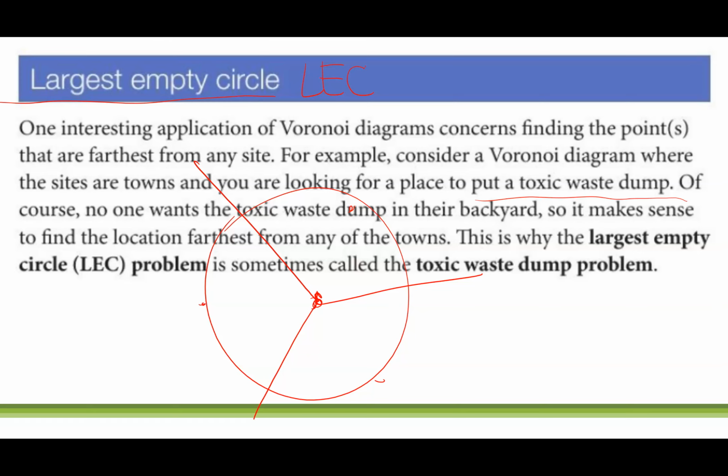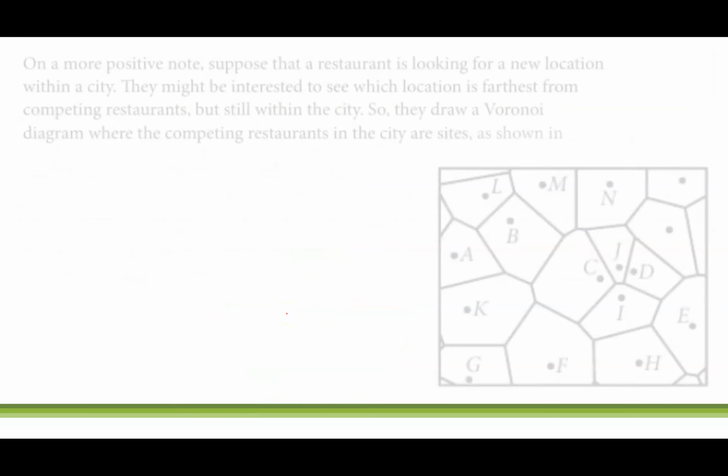You're trying to find which vertex, because this is not a site. It's not where the people are. The people are on these sites that are here on the edge. You want to find the spot, like this one here, which is furthest away from all the other dots. In essence, you're looking for which sites are furthest from its supporting vertex as possible, because that would be the location of that awful thing like a toxic waste dump.